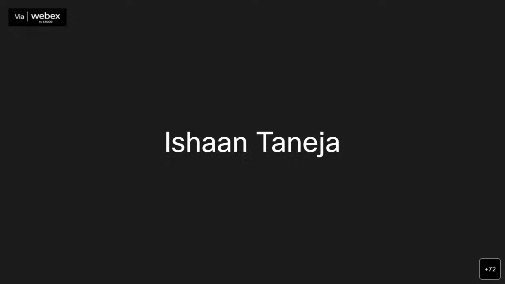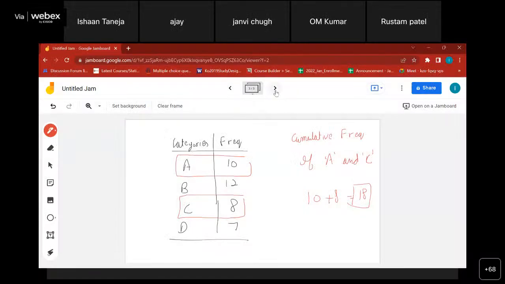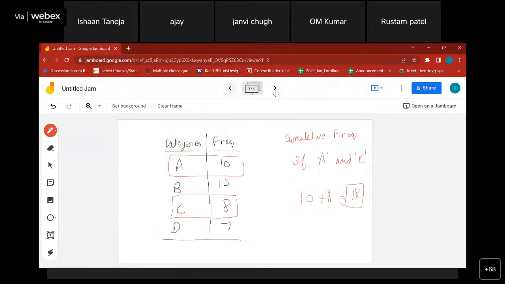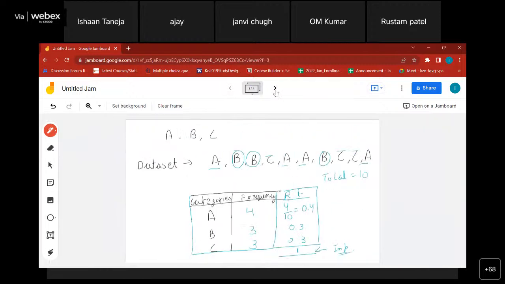Okay, let me share my whiteboard. So consider your data set. This is your recorded data set, right? How many observations are there?